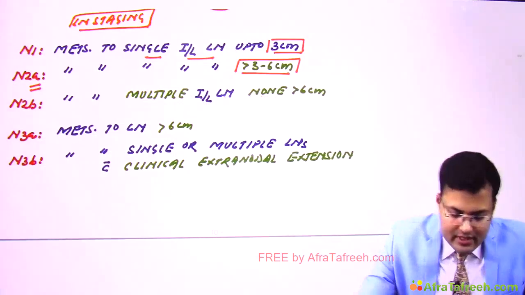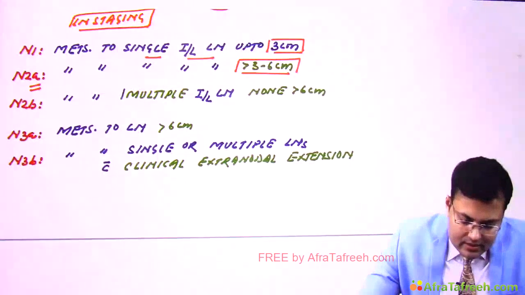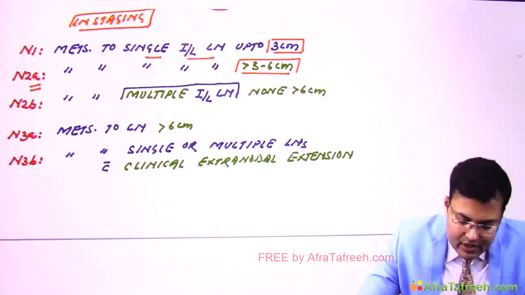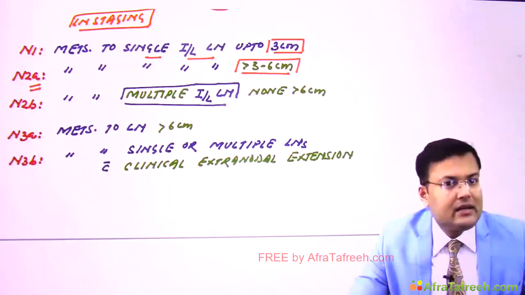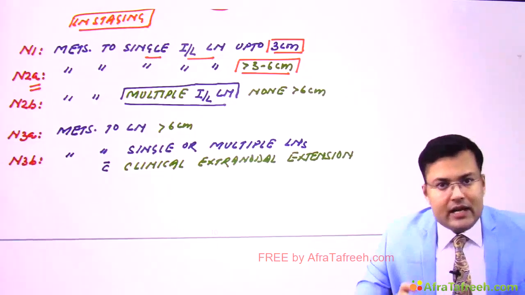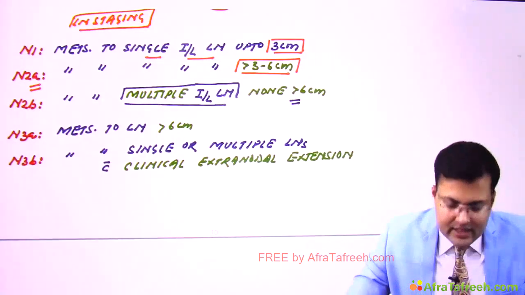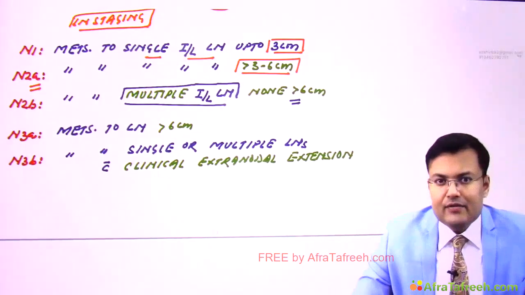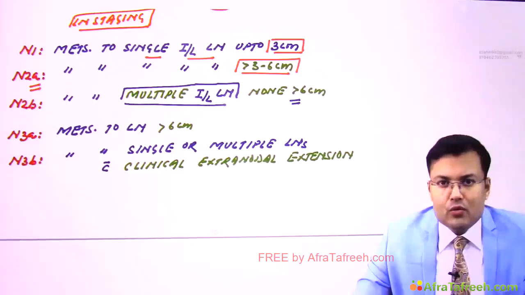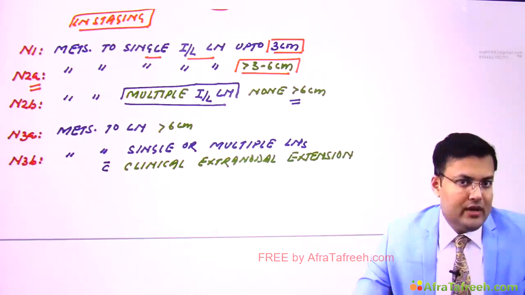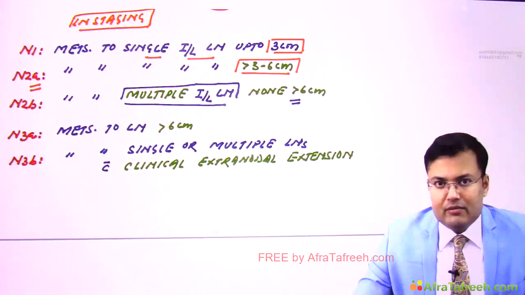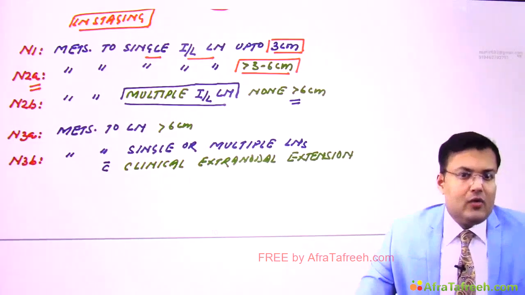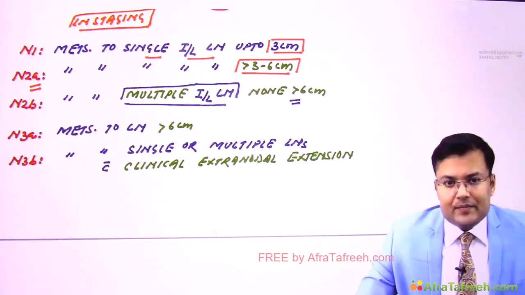And in N2B there is involvement of multiple ipsilateral lymph nodes. Here the size of any lymph node should not be more than 6 centimeter. What happens in N3A?